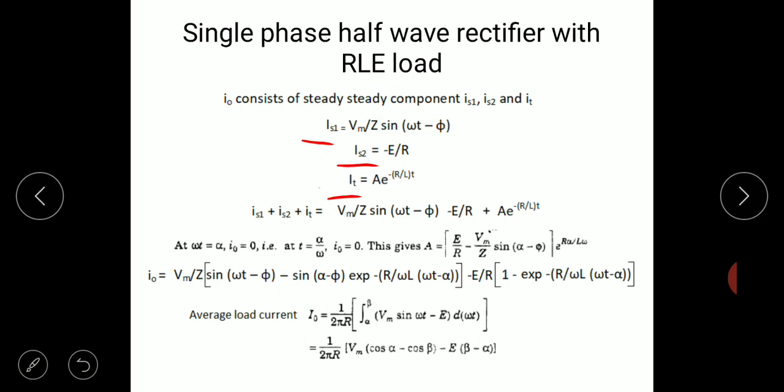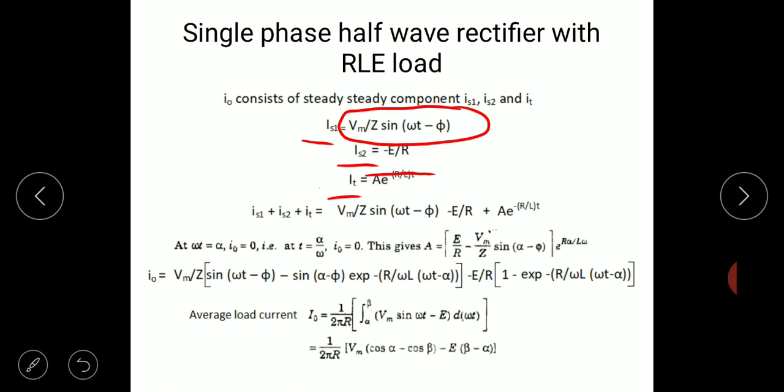The first steady state component is due to the supply voltage. If the maximum voltage is Vm, then the maximum current will be Vm by Z, and the current is lagging by an angle phi, so it will be sin omega t minus phi. The second steady state component is due to minus E upon R.